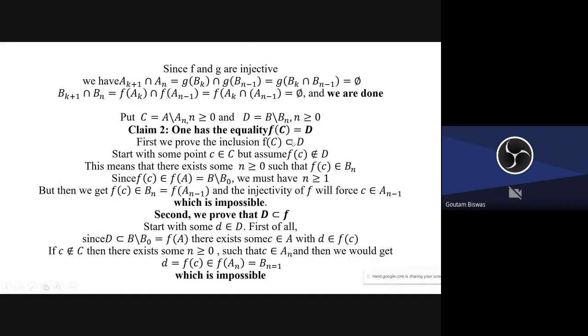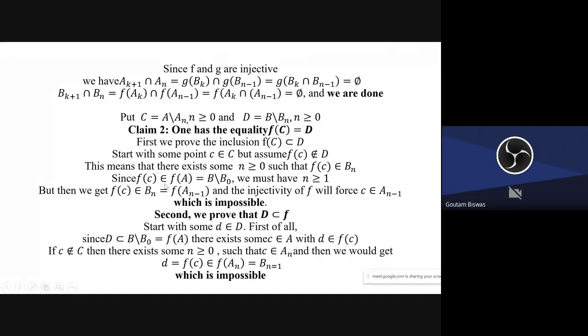So inclusion. Now let small c belong to C and assume that F of c does not belong to D, capital D. This means that there exists some n greater than or equal to 0 such that F of c does not belong to D. What is D? D is the set which excludes the Bn. So if F of c does not belong to D, then F of c belongs to Bn.